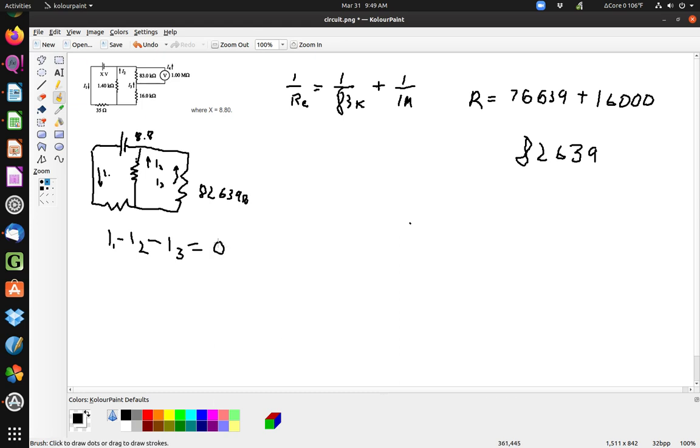And then we want to put in our loops. Okay, so remember, V is equal to IR. So we'll start with this loop over here. We have 8.8 volts going this way. So this is our positive.